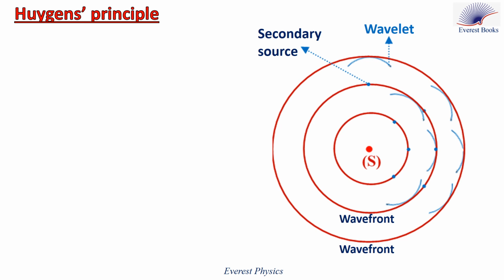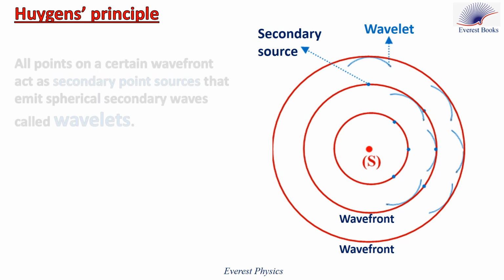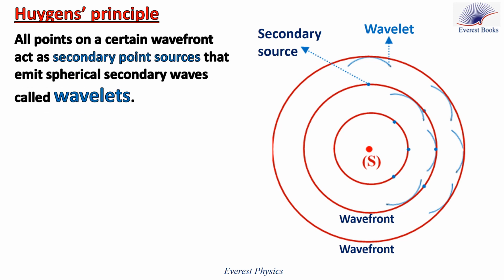Look at the figure. S is a point source that emits a spherical wave. According to Huygens' principle, all points on a certain wavefront act as secondary point sources that emit spherical secondary waves called wavelets.